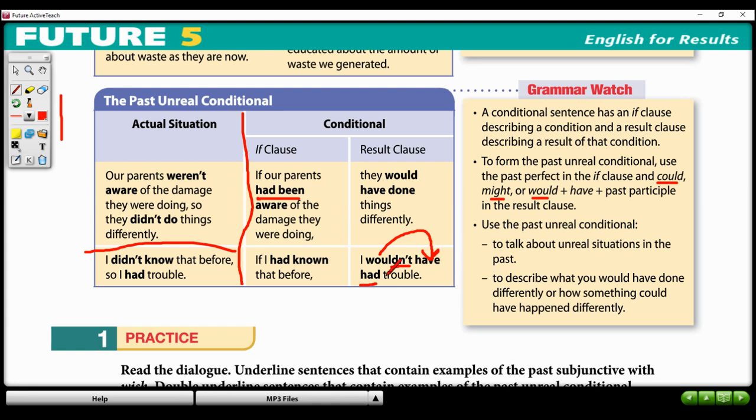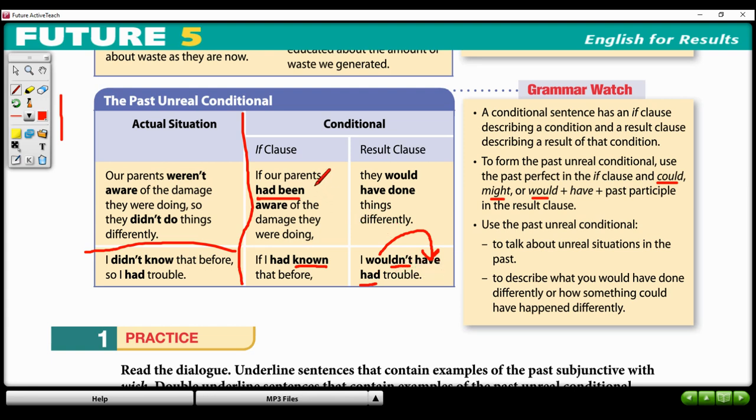And so it's have had. I wouldn't have had. And then don't forget here the past participle. We have, if the verb is had, we might say if I had had. So in that case, if I had had breakfast, I wouldn't have been so hungry, okay?